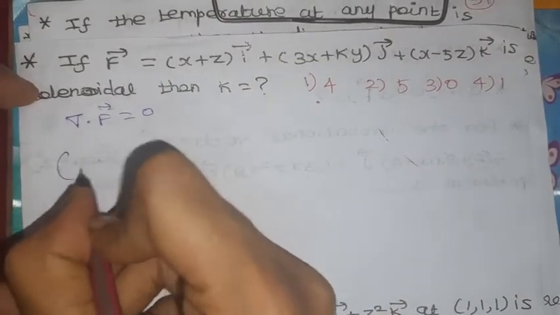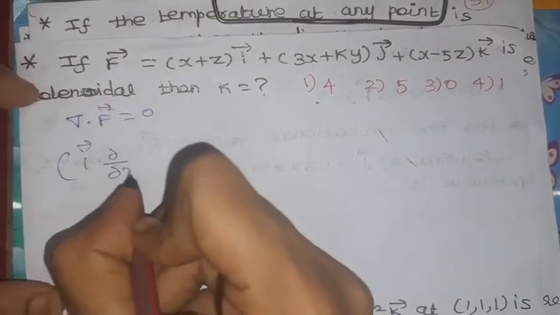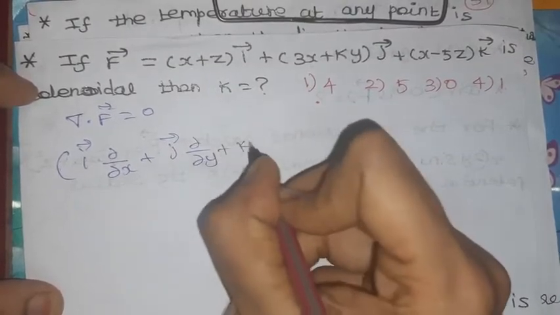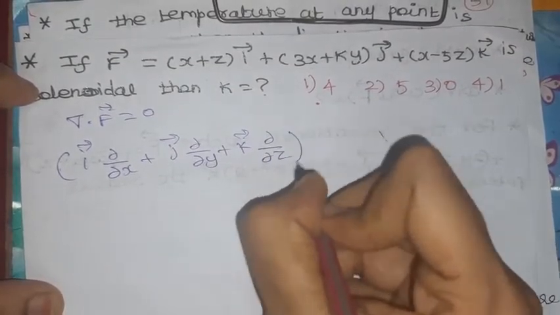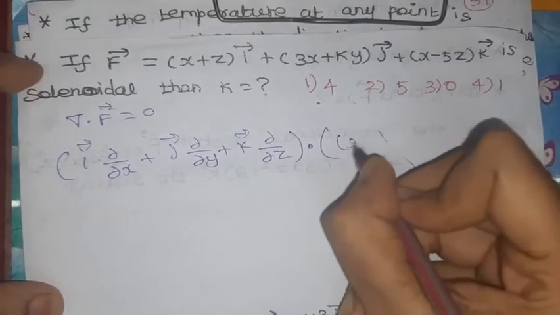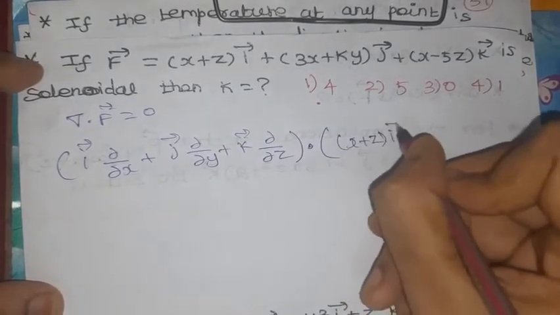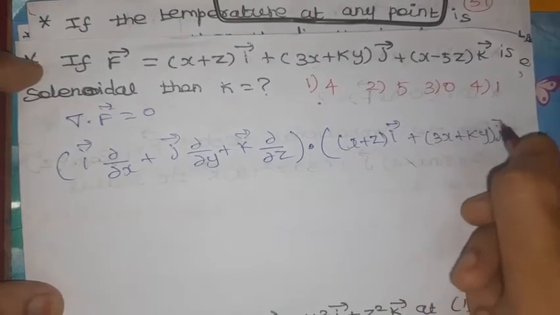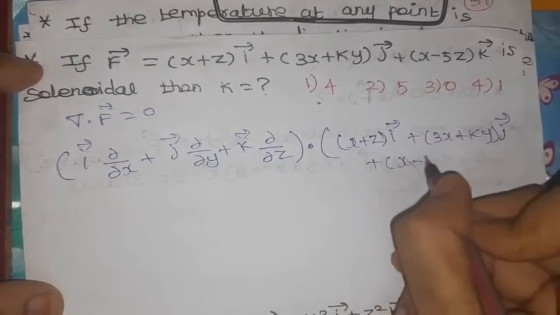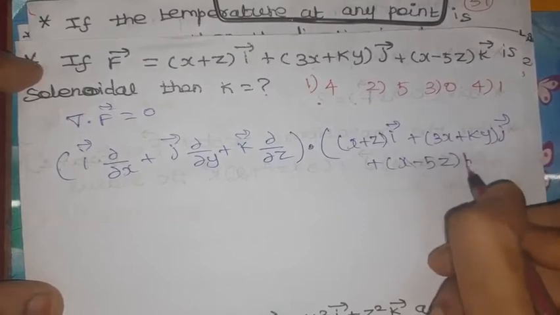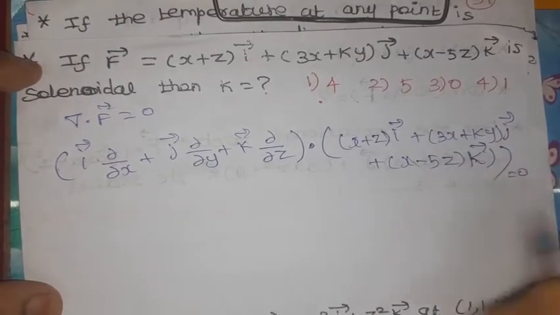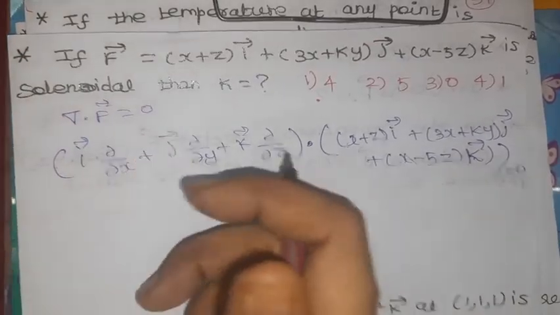So del is i into dou by dou x, j into dou by dou y plus k into dou by dou z, dot F vector: x plus z into i plus 3x plus ky into j plus x minus 5z into k, which is equal to 0 because the given is solenoidal.